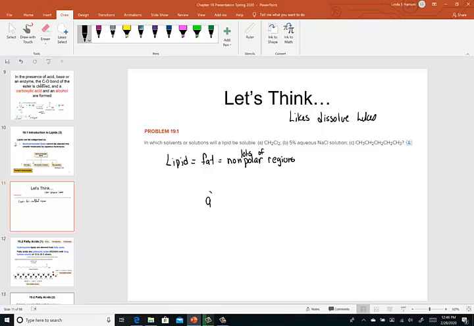So letter A, we have CH2Cl2. Now let's put that together. You have carbon in the center. It's attached to 2 hydrogens and 2 chlorines. Dichloromethane would be its name.